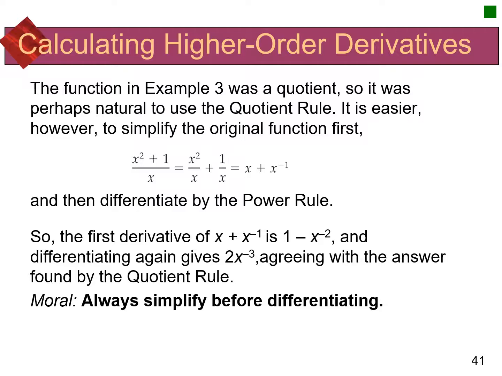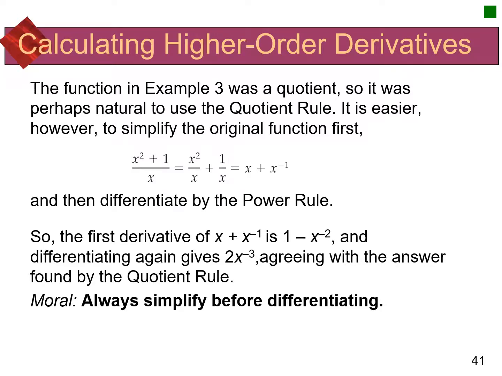And they're kind of showing this right here. If I take the original function and make it x plus x to the negative 1 power, the first derivative would be 1 minus x to the negative 2, and then the derivative of that would give me negative 2 times negative 1 is 2, x to the negative 3 power, which is the same answer we got before.